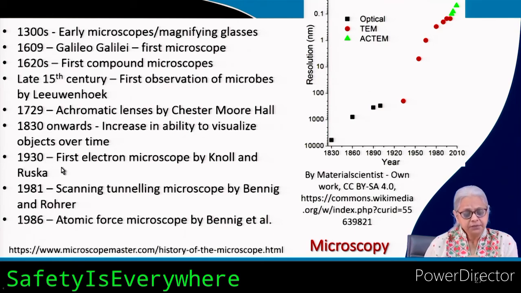Then comes 1930, when the first electron microscope was invented by Knoll and Ruska. In 1981, the scanning tunneling microscope was invented by Binnig and Rohrer, and in 1986, atomic force microscopes were invented by the same group of researchers or scientists.